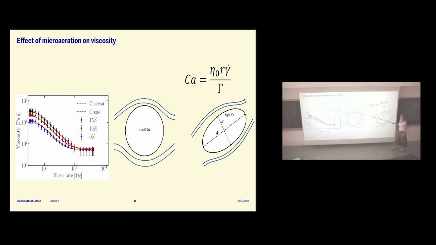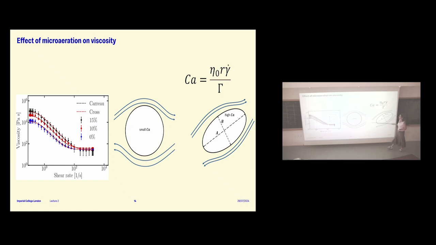But then, of course, people like a lot of you here know about this already, the capillary number. The capillary number is based on the shear stress. So this is the viscosity of the chocolate, basically, times gamma dot, which gives you the viscous stress. And then you divide it by gamma, the surface tension, over R, where R is the radius of your bubbles, and then you get a capillary number.